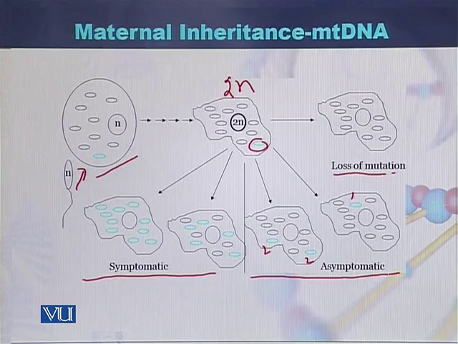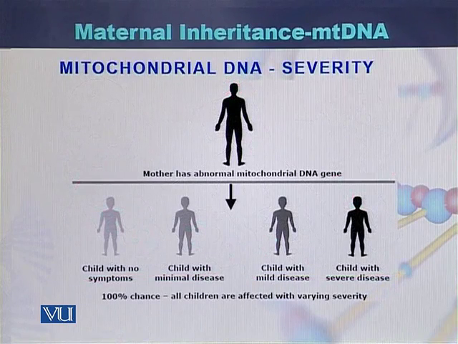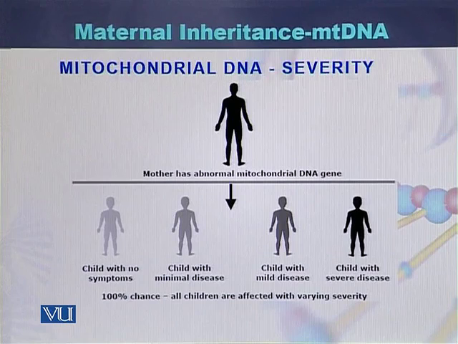So we can say that as a result of maternal inheritance of mitochondria, some of the individuals have no disease, some have moderate symptoms of the disease, and some have severe disease.